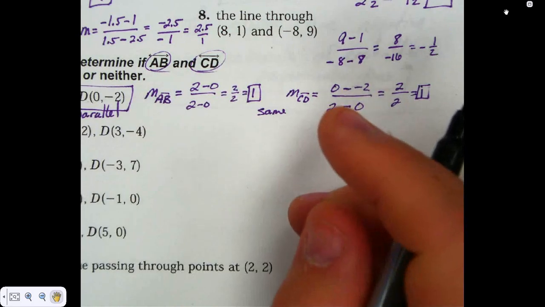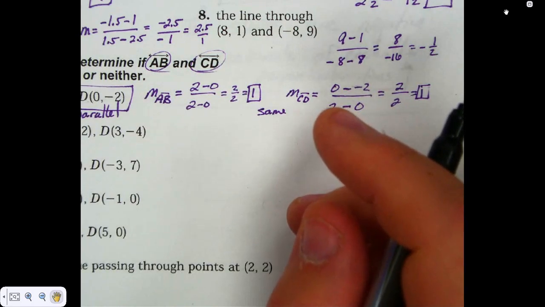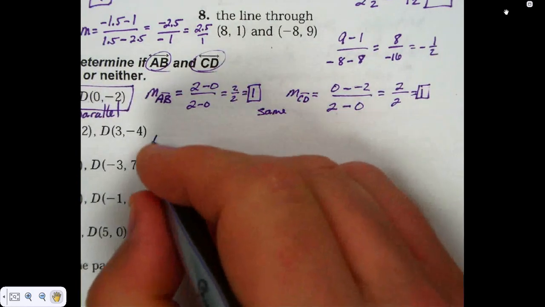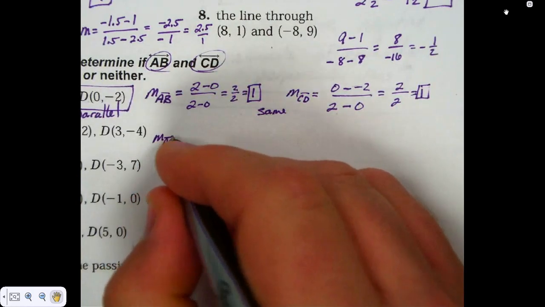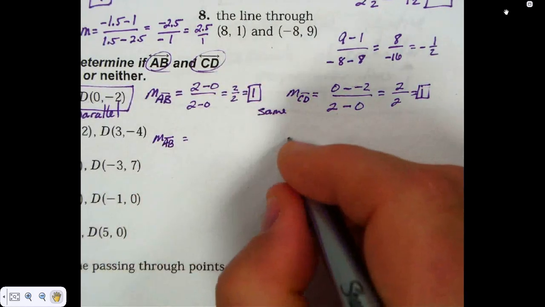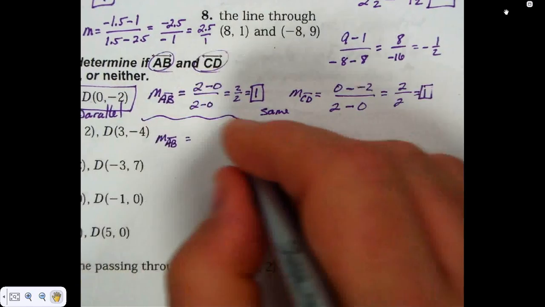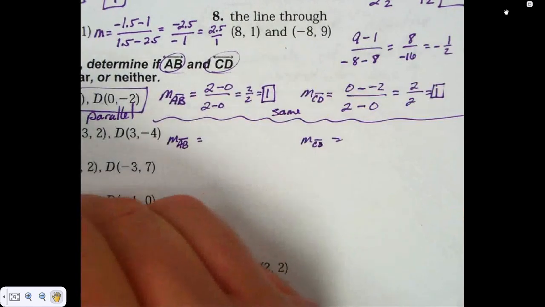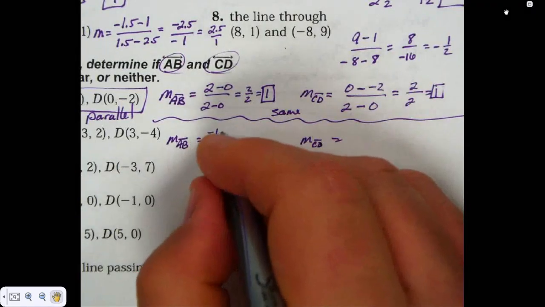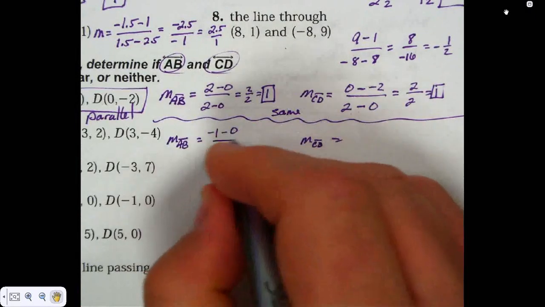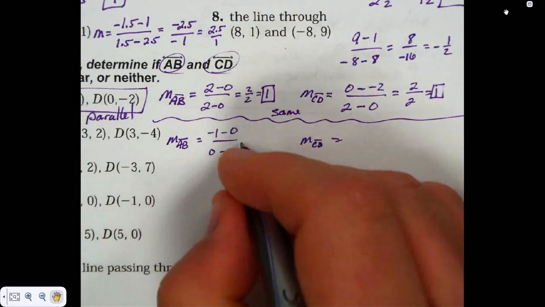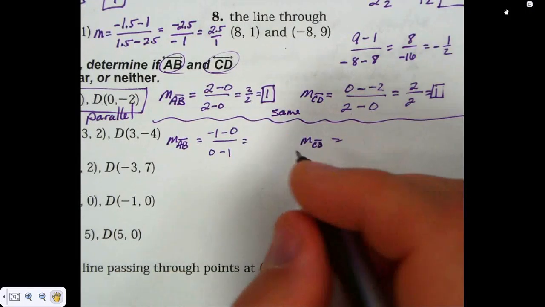For this problem, I need to find the slope of AB and CD each time, correct? Yes. AB, what it would be, negative 1 minus 0 over 0 minus 1. What did I get again?